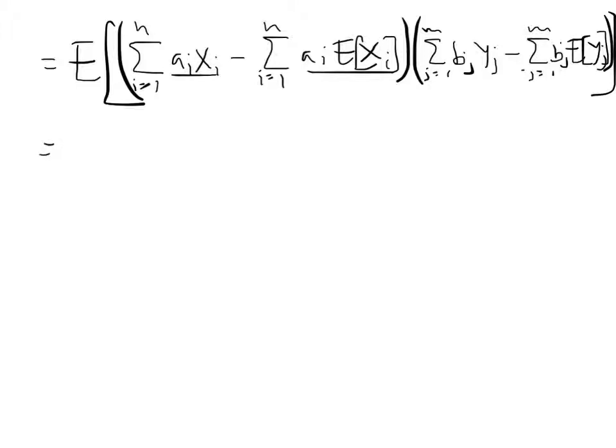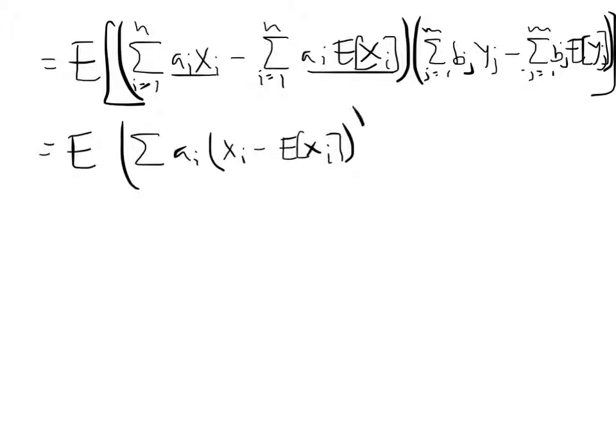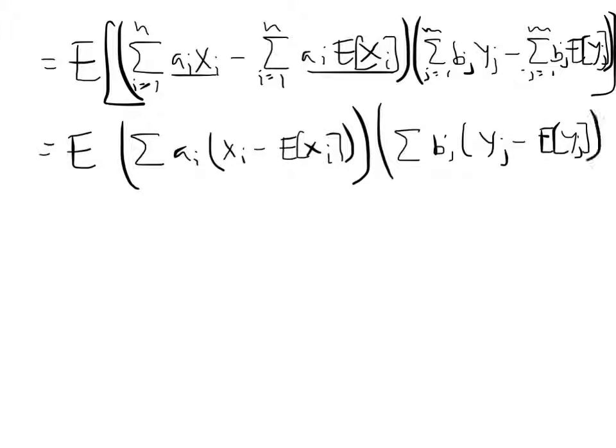So we can group all these things and pull out the constants, and say this happens to be the expectation of one sum of a_i times x_i minus the expected value of x_i. And don't forget, those things all need to stay together. And then we have the sum of the b_j, and then y_j minus the expected value of y_j.